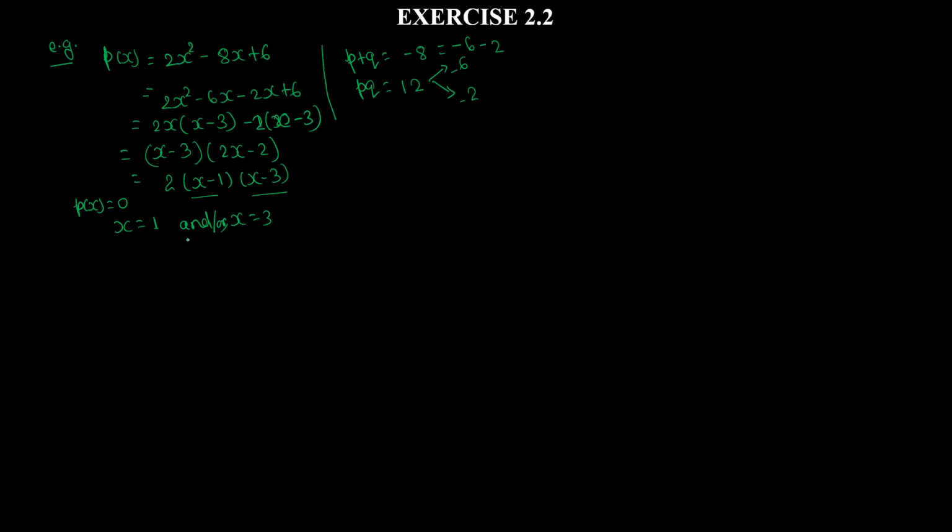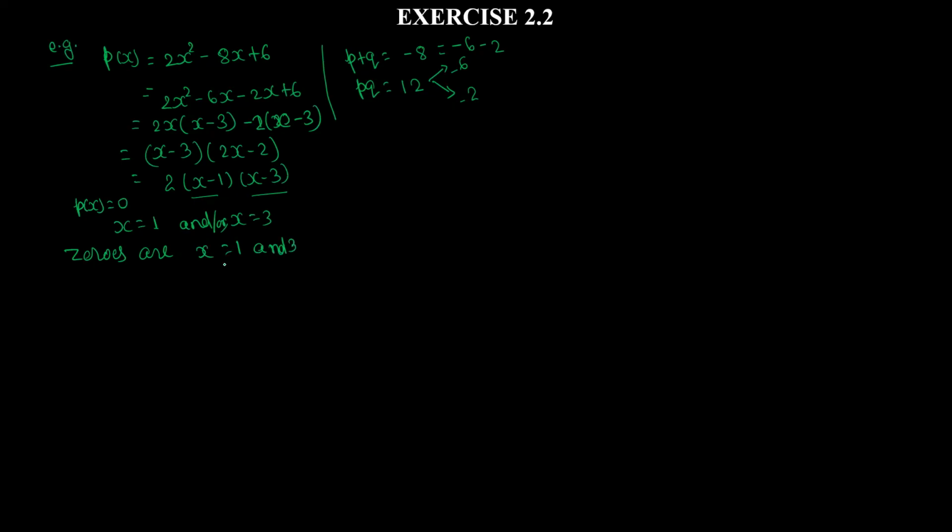So either x equal to 1 or x equal to 3, when substituted in the expression p of x, its value is going to be 0. So that's why the zeros are x equal to 1 and 3.